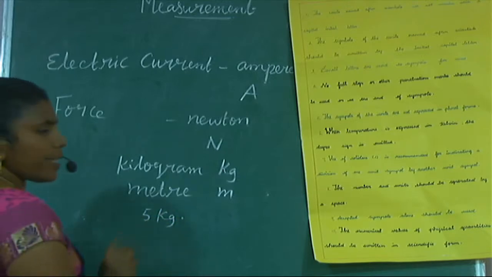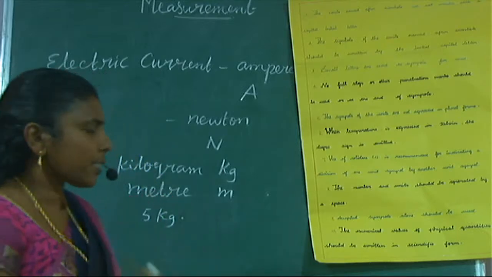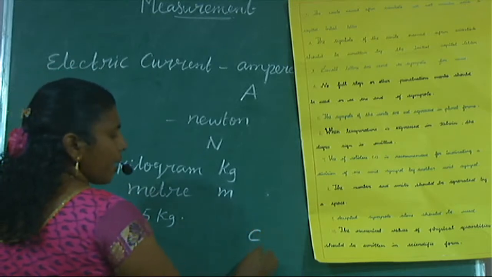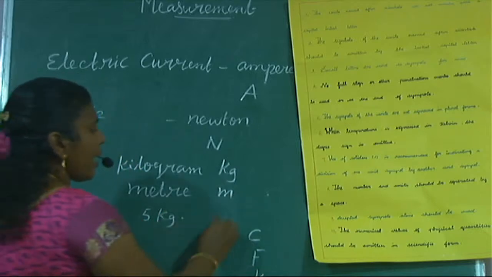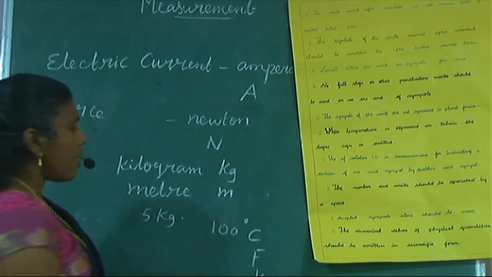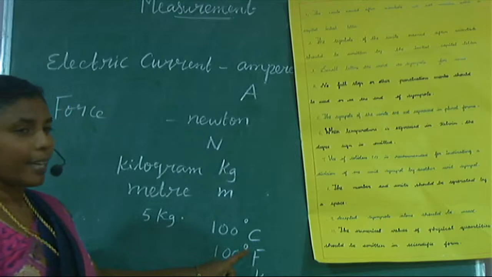The next one, the temperature. Last class we learned that temperature is measured in 3 scales. What are the 3 scales? Celsius, Fahrenheit and Kelvin. Suppose 100 degrees Celsius. The degree sign is a must for the Celsius scale. Then 100 degrees Fahrenheit, there also the degree sign is a must.